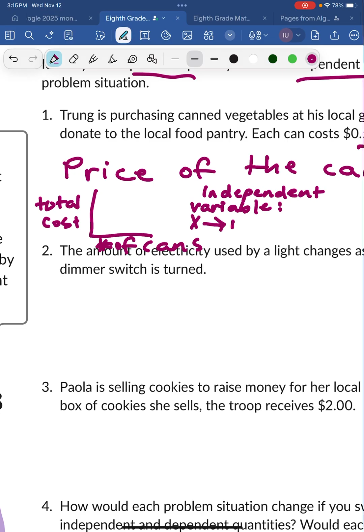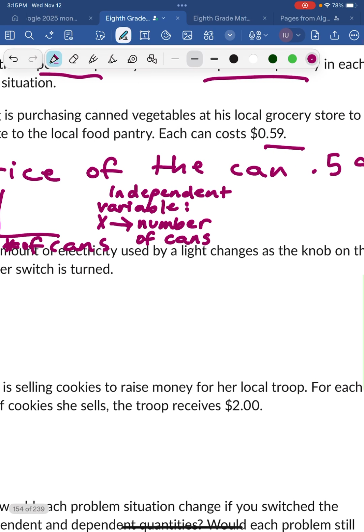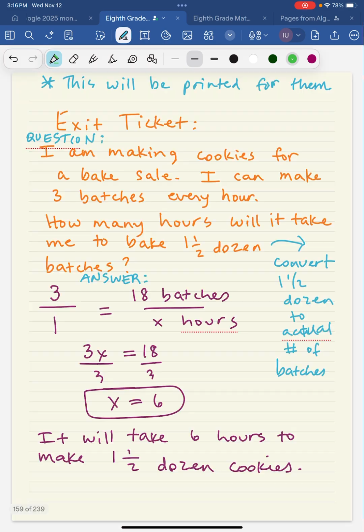So that's going to be the number of cans that he purchases. The dependent variable, what depends on something else? The total cost depends on how many cans you purchase. Okay, so that's the independent and dependent for that scenario.